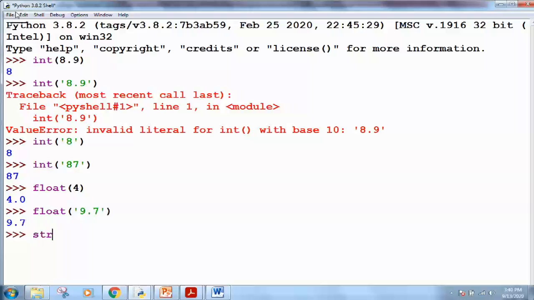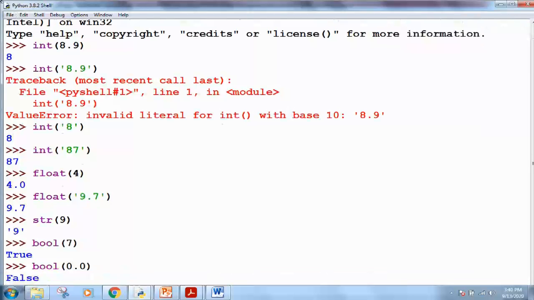Similarly, str converts any number to string, and bool converts any non-zero value to true and any zero value to false. So this is how you can convert the type of one data to another by programs.